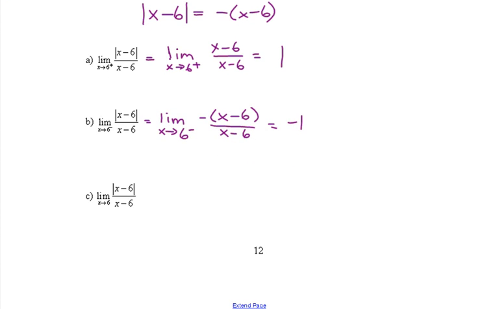So what can we say about our limit? It doesn't exist. We would just say does not exist, or DNE if you like to write that. Why? Because the left-hand limit does not equal the right-hand limit. Makes sense, right?